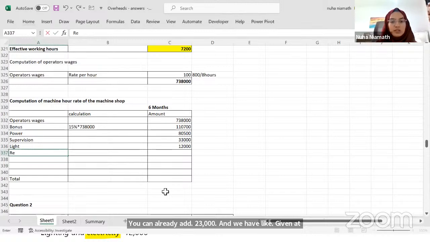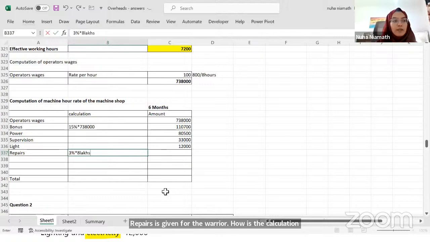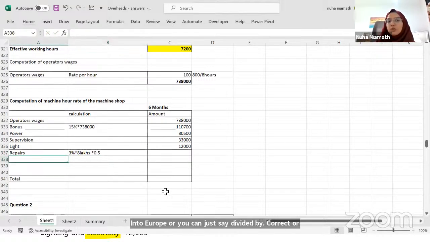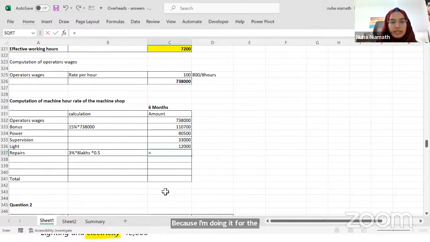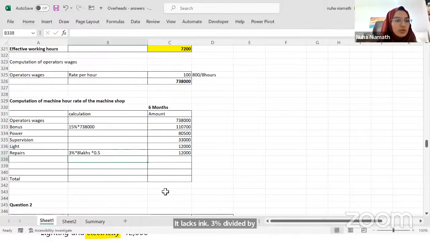Then we have repairs. Now, repairs is given for the whole year. So how is the calculation? 3% into the cost of the machine, which is 8 lakhs, divided by 2, correct? Or let me say into 0.5, which is half, because I'm doing it for the half year. Please let me know if somebody did not understand the calculation, right? 8 lakhs into 3% divided by 2, 12,000.